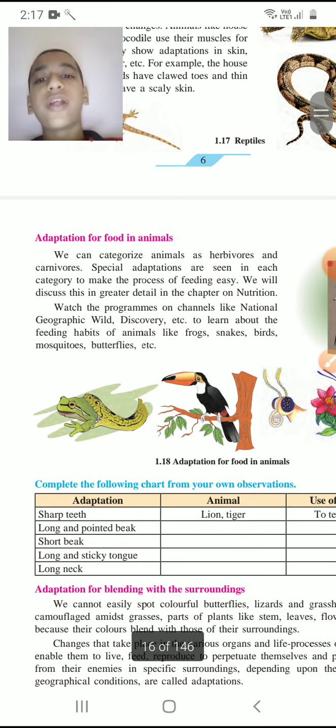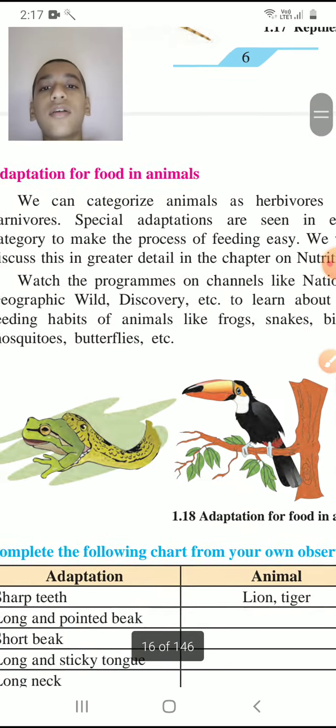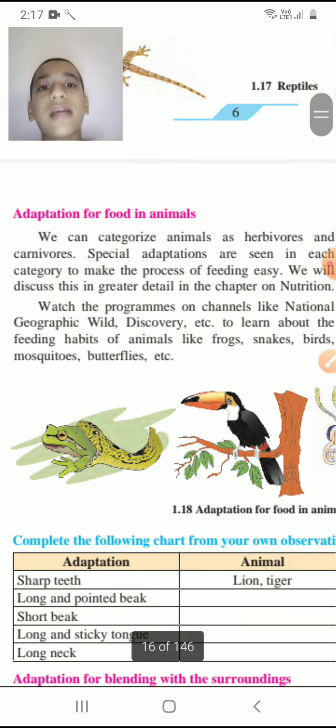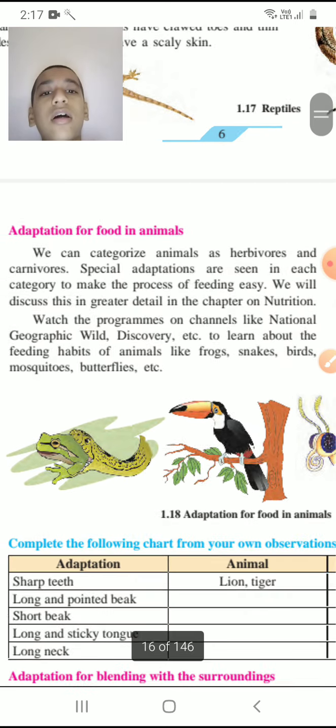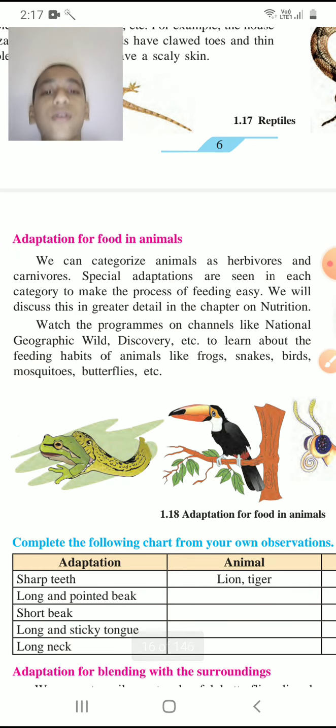Adaptation for food in animals. We can categorize animals as herbivores and carnivores. Special adaptations are seen in each category to make the process of feeding easy.